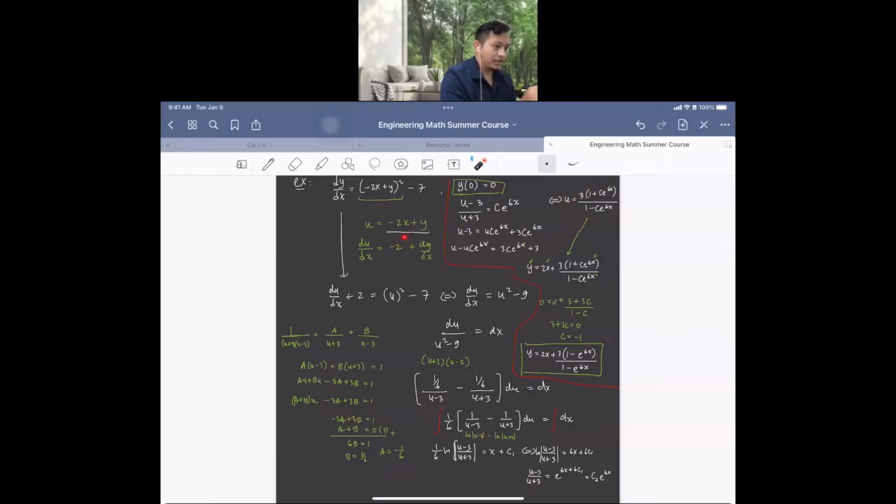Then u turns back to negative 2x plus y, and write in terms of y, and we still have a constant, and we use this 0, 0 point.